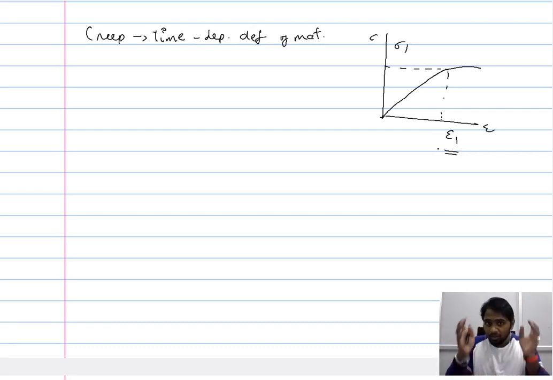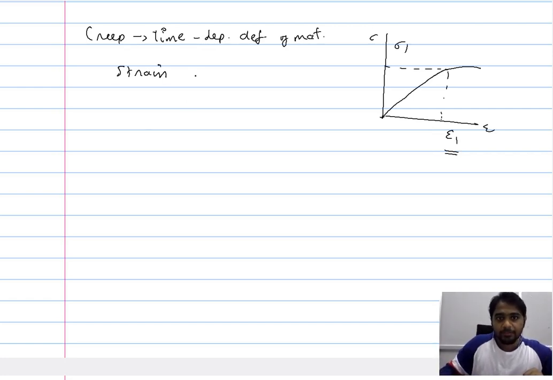We just allow the material to be in that stress condition for a longer period of time, and observe how much strain the material exhibits. So the variable during creep testing is strain and time. And what are the constant parameters? These are the stress and the temperature.